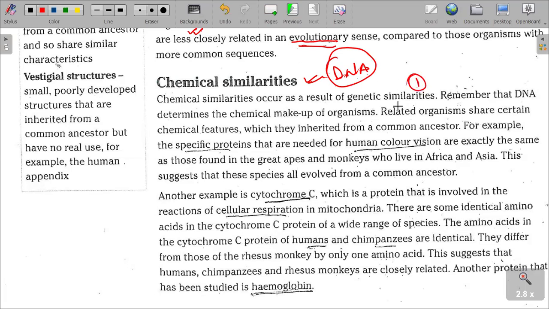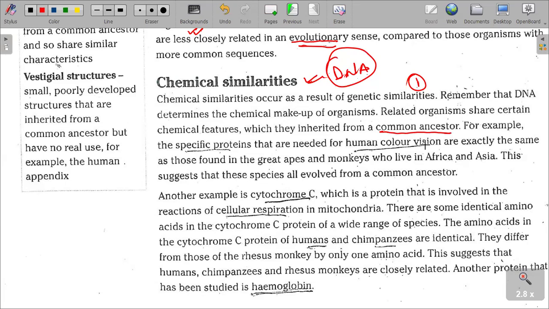I am sure you remember that DNA determines the chemical makeup of organisms, and related organisms share certain chemical features which they inherited from a common ancestor, which I have already explained.